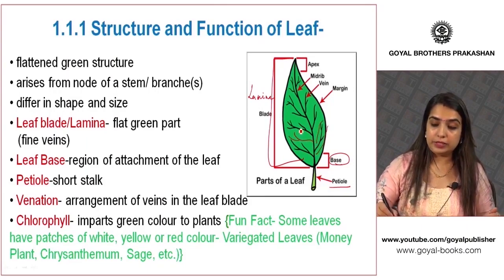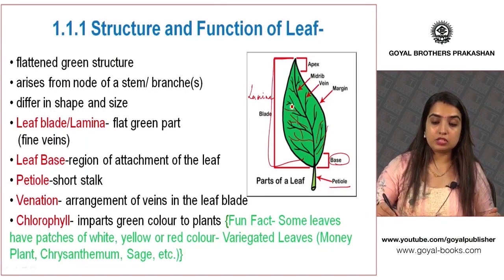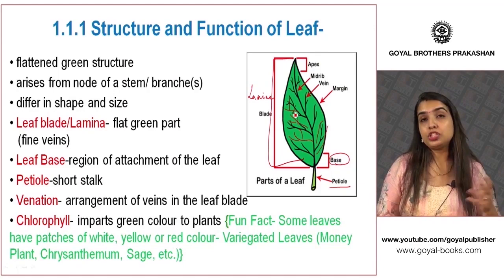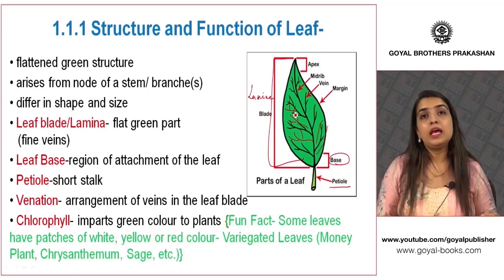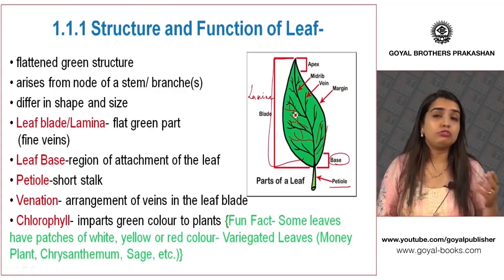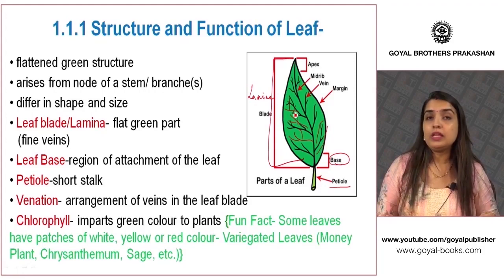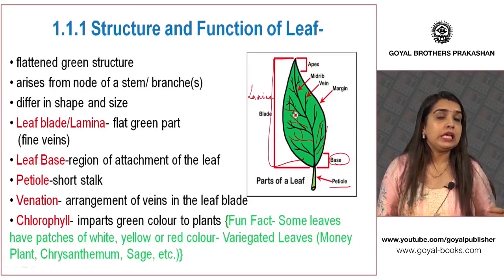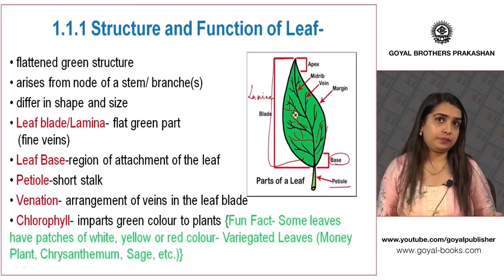If you can see in the picture, this is called venation. And the green color, which is so very common in all the leaves, is imparted by a pigment called chlorophyll. I'm sure you must have already heard this term because it is essential for photosynthesis. We'll come to it in the next slide.